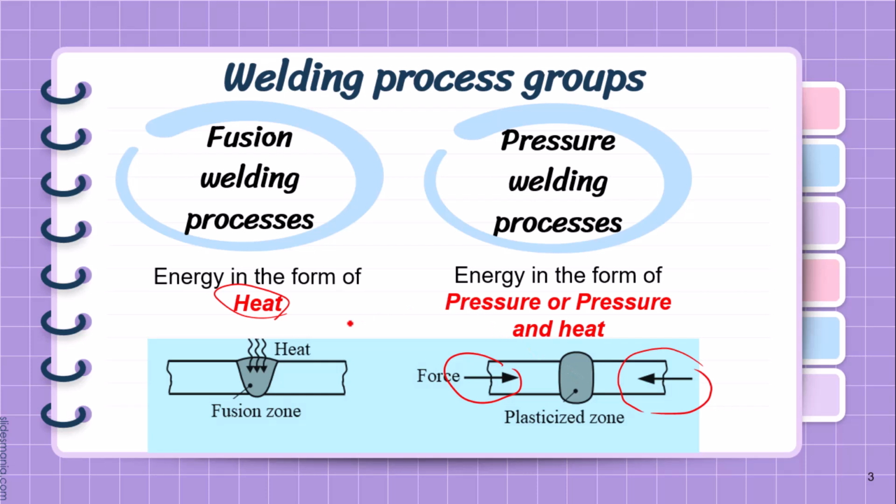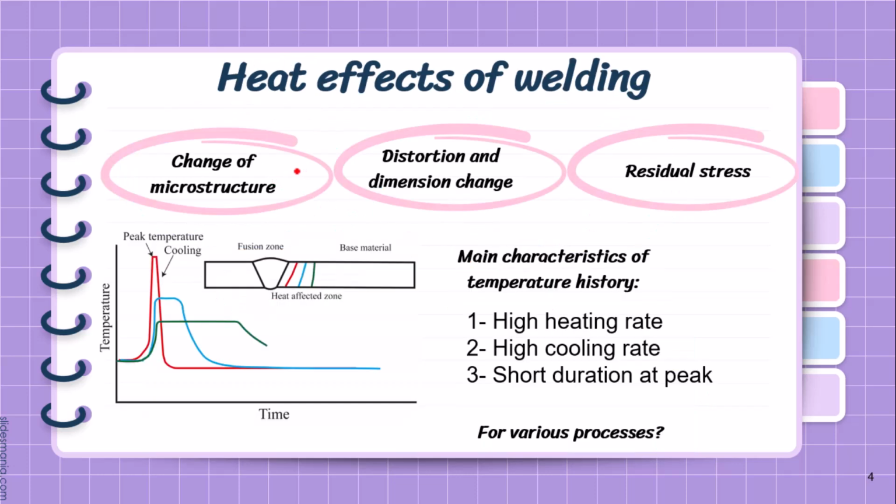The main effect of welding is the heat that we introduce to the structure, whether it is this group or this group. The main effects of the heat of the welding processes are change of the microstructure, distortion and dimension change, and the residual stress. The distortion and the residual stresses are concerned in the whole of the structure.